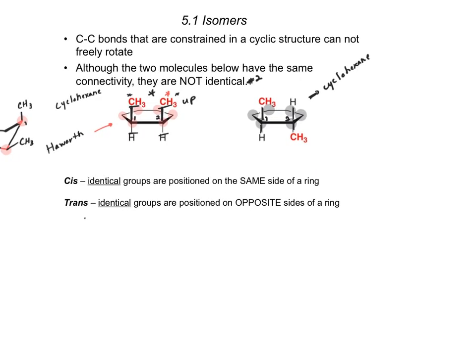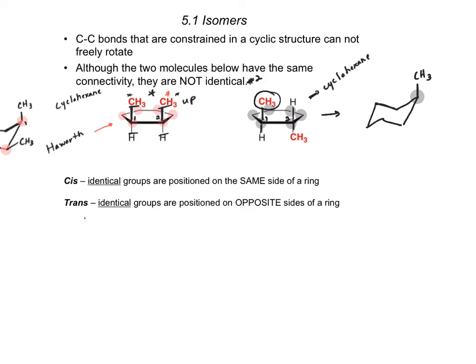If we were to draw the chair projection of this guy, same thing that we did before. Now at carbon 1, what's happening with the methyl? Is it going up or is it going down? It's going up. So if we define carbon 1 as this guy, then we've got that methyl in that up position, which is axial at this carbon 1.